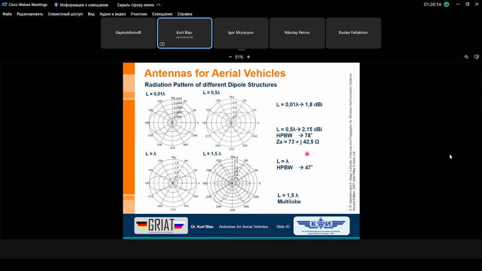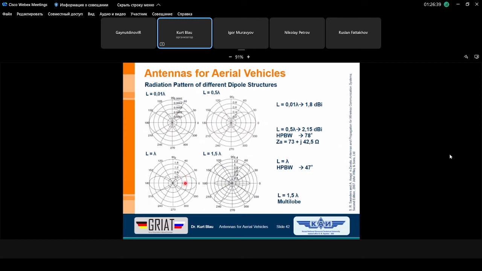Now we make the dipole a little bit longer. We make it one wavelength long. This is shown here. The height of this toroid, if you look from the top side, is again a circle, and the height of the toroid in the cut here is much smaller.